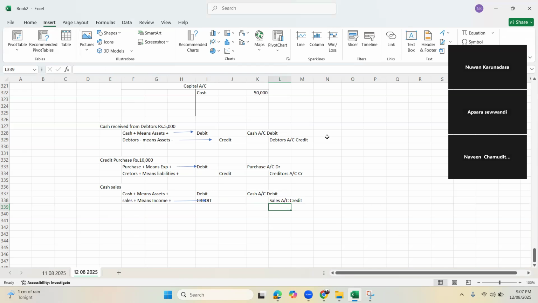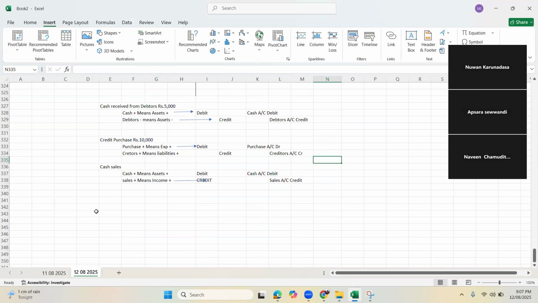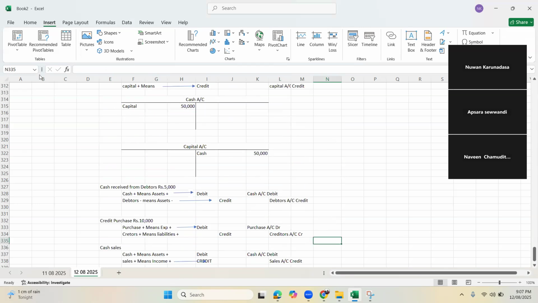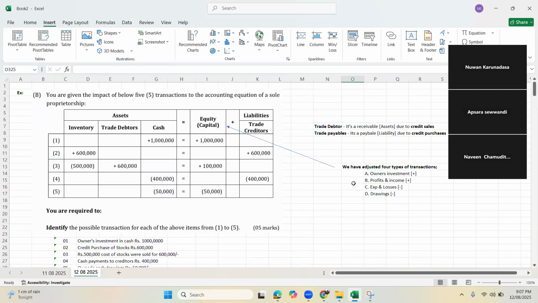Yes. Okay. Right. So likewise, I'll be giving a lot of transactions next day for you to write the double entries. Revisit all the notes that we covered today. Don't be lazy. Put in the maximum effort.